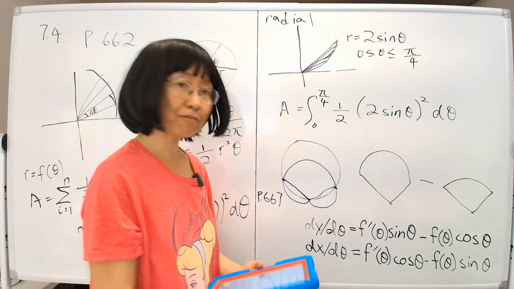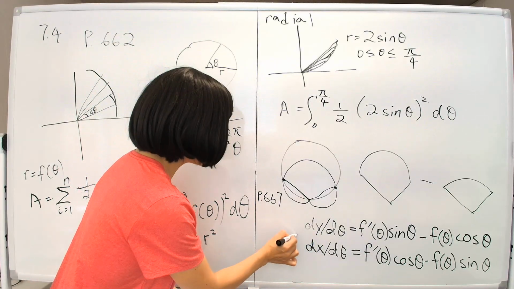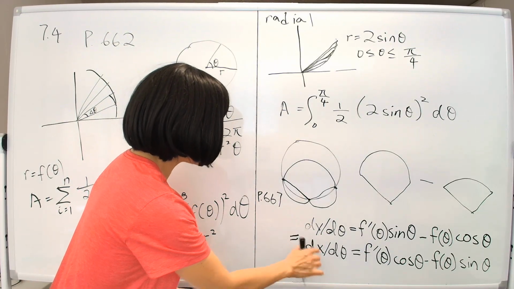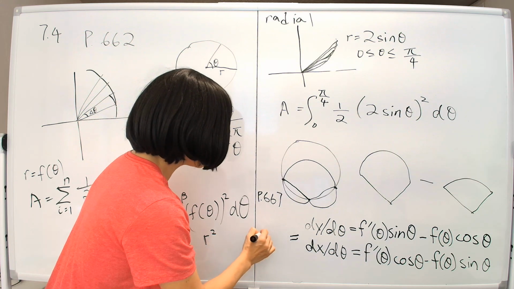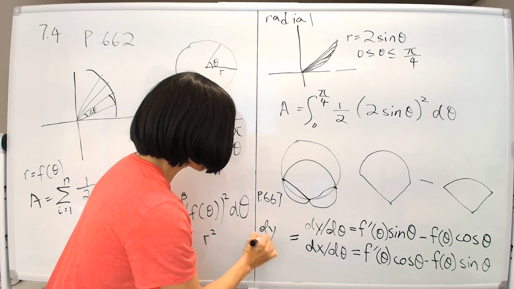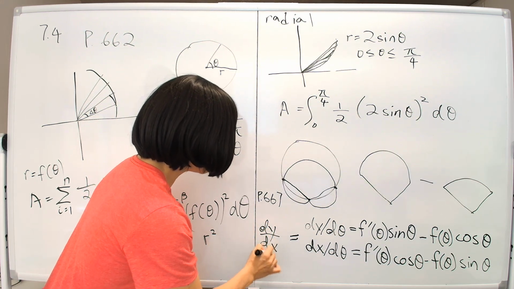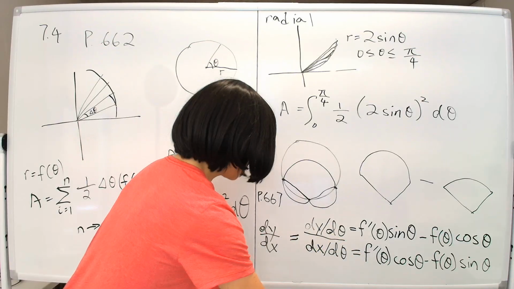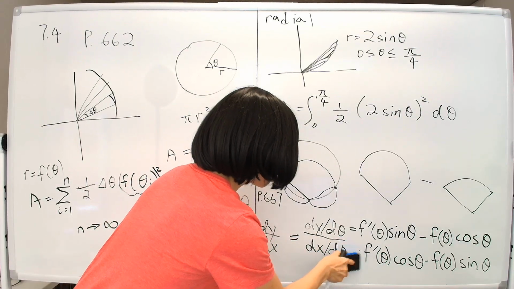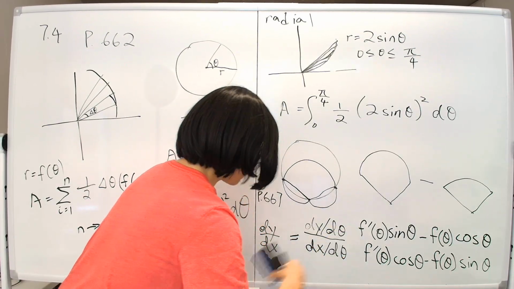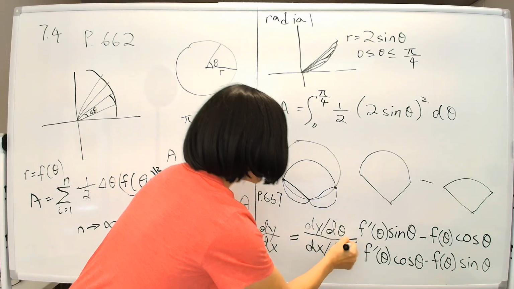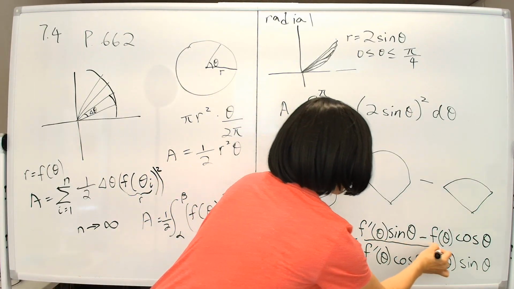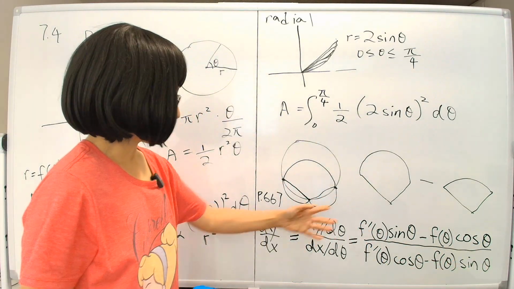But before that, I want to mention that when you divide these two things, it is equal to dy by dx. It equals that, a big long division line.